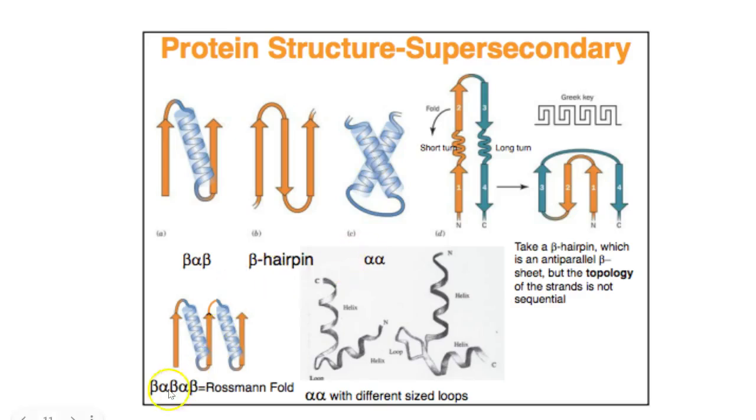And then you can also have this beta alpha, which is this Rossmann fold. And then you can have two alpha helixes with different sizes. And those are pretty much the main super secondary structures that we will cover.